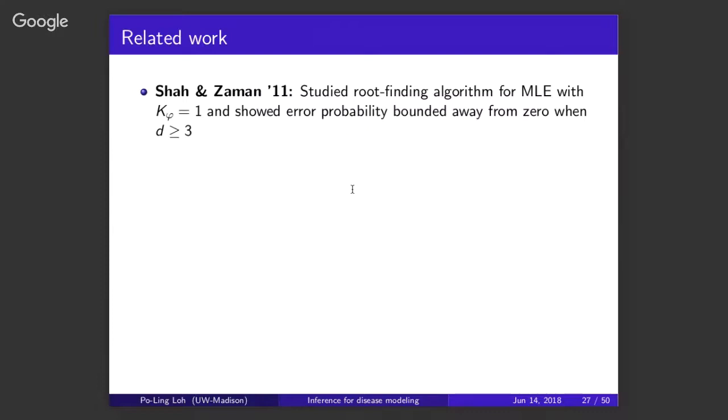In their particular work, they were interested in finding a point estimator. So they wanted to find one node, which was the maximum likelihood estimator for the source of the graph, and they wanted to know the error probability of this particular node. They were also looking at these d-regular trees where you have information propagating over a regular tree.